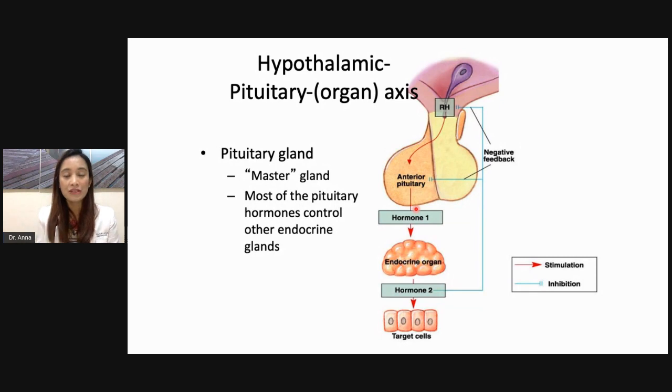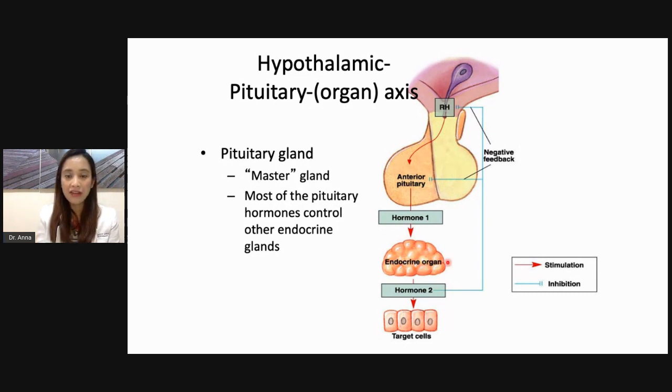Those are your stimulating hormones. Let's call them hormone 1. And your hormone 1 will now act on your different target endocrine glands, like your adrenal glands, your thyroid, your kidneys, etc.